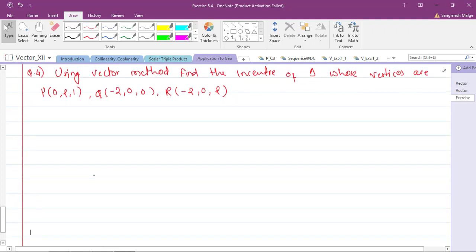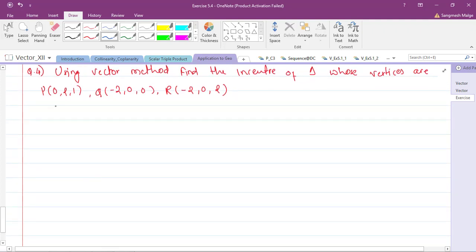Okay, I think you have solved this question, so let's continue. So in center, as we have just seen, m bar is equal to xp bar plus yq bar plus zr bar upon x plus y plus z, where x, y, z are nothing but the sides of a triangle. Okay, so let's find the first side. PQ bar is nothing but Q bar minus P bar, so Q minus P, which is minus 2i minus 2j minus k.